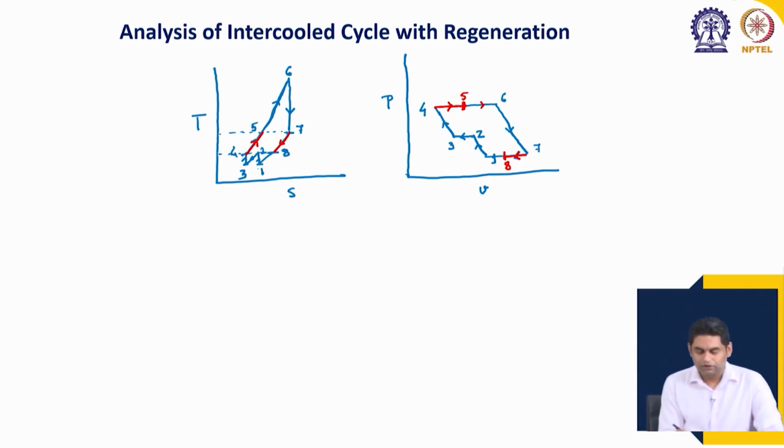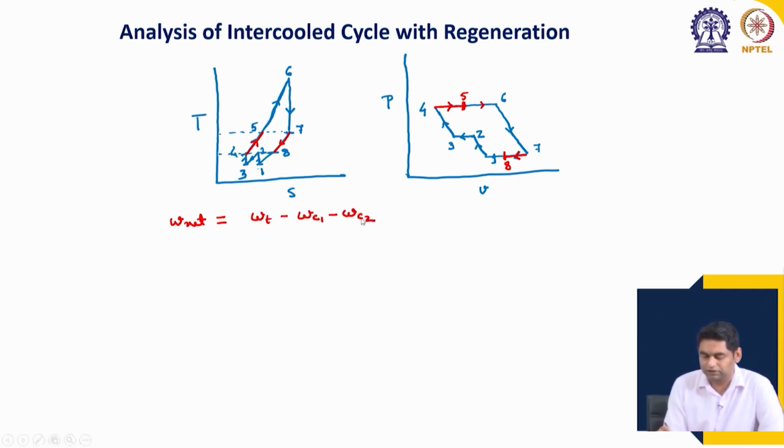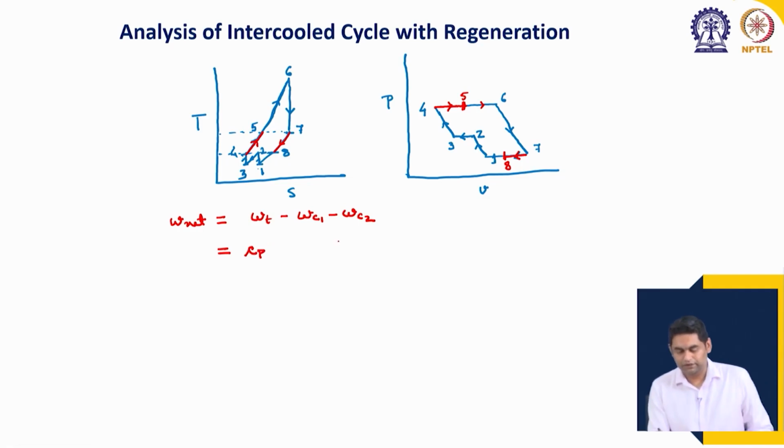Okay. So, now the net work output from this cycle, we already know that this should be equal to W T minus W C 1 minus W C 2, turbine work output minus the two compressor work inputs. This we can write in terms of the C P and delta T values, right.